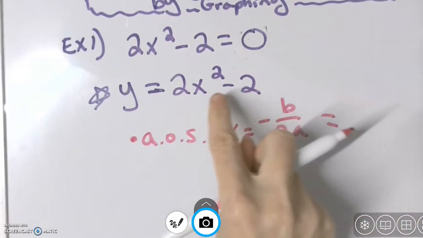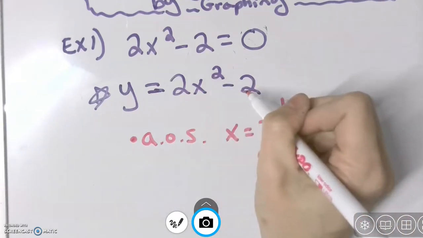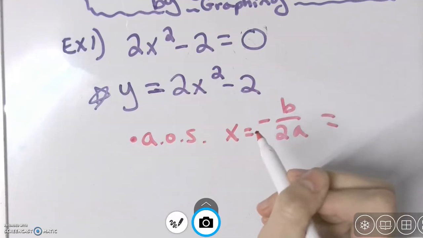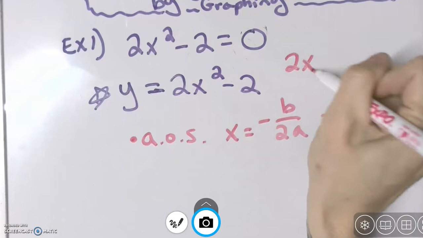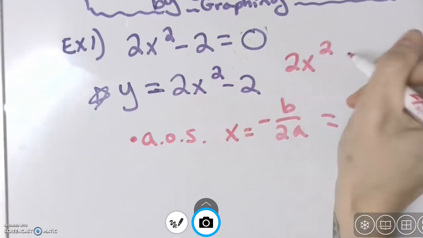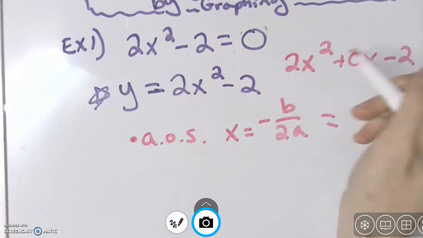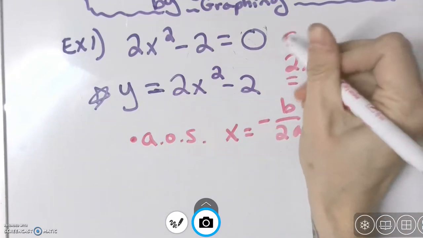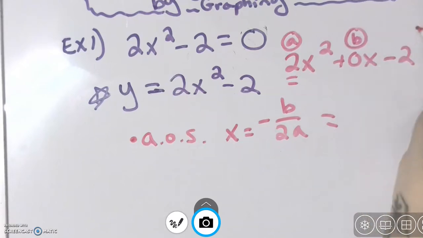So again, I'm going to identify a, b, and c up here. If I were to rewrite this in standard form, we have 2x squared. I don't have a single x here, so that's 0x, and then I have negative 2. So my a value is 2, my b value is 0, and my c value is negative 2.